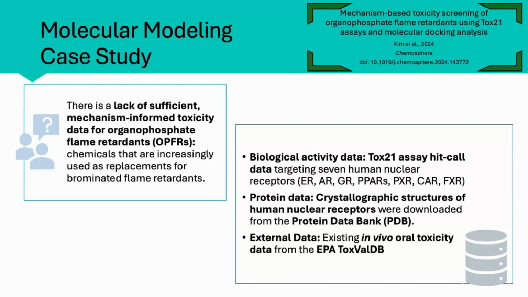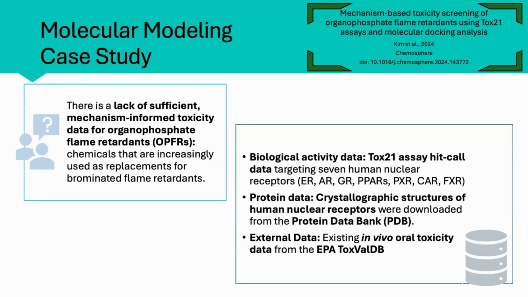So the basis or the problem that these authors set out to solve is outlined here. Essentially, there's a lack of sufficient mechanism-informed toxicity data for organophosphate flame retardants, or OPFRs. And these compounds are increasingly used as replacements for brominated flame retardants.